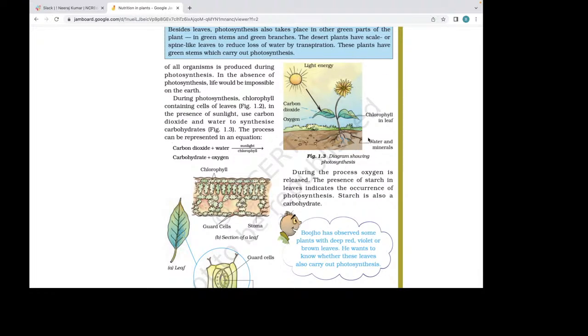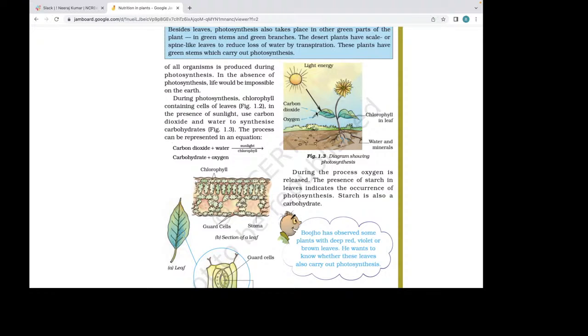It takes water and minerals from the soil, which get absorbed by the roots, and here is the chlorophyll present on the leaf of the plant, which absorbs the sunlight. And here, let's say, photosynthesis is happening.